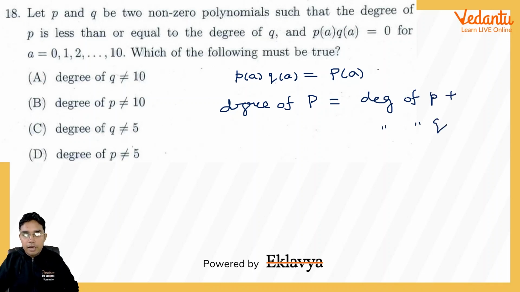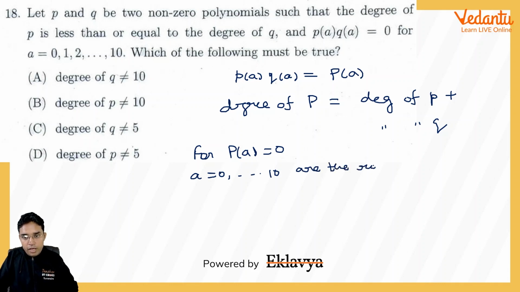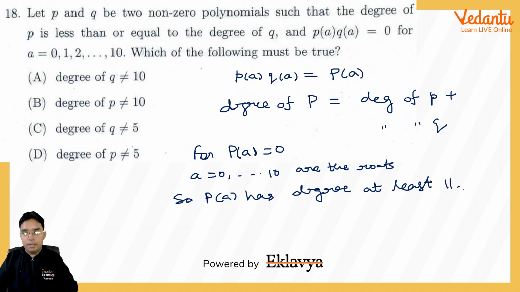And you have seen that for P(a) equal to 0, a equal to 0 to 10, they all make it 0. So a equal to 0, 1, and so on to 10 are the roots. So we have identified already 11 roots. So I can say that capital P(a) is a polynomial of degree at least 11. I hope that is clear.